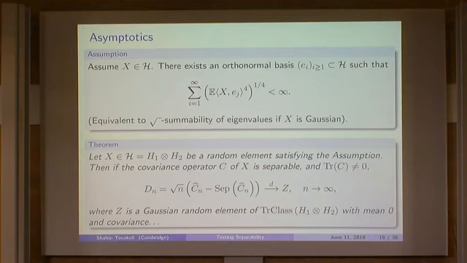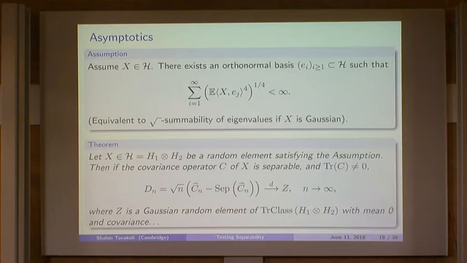The assumption here is I need a basis of the Hilbert space such that when I'm taking the inner product of x against this basis and I'm taking the fourth moment of this, these are summable. So if x is Gaussian, this is the same thing as asking that the eigenvalues of the covariance of x are root summable. So essentially it's asking that x is smooth enough.